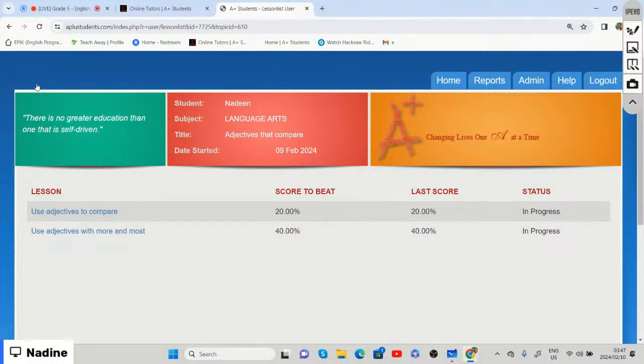But if you're comparing more than one person, then we add est, right? If there's more than one syllable, then we add more and we add most. So thank you very much, grade 5, for joining our class on adjectives that compare, right? And we said we have a comparative adjective as well as a superlative adjective.